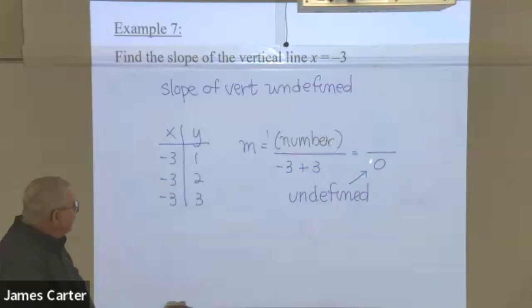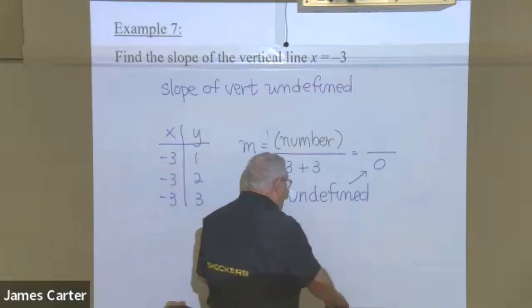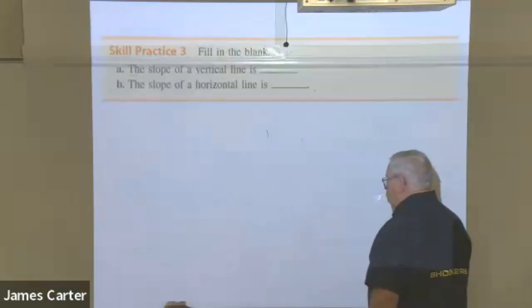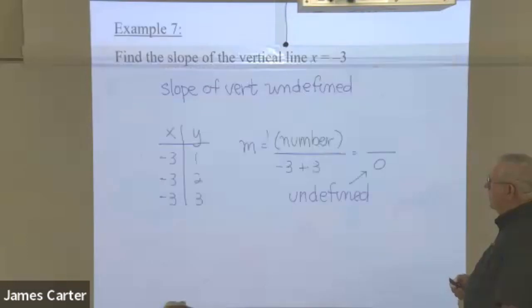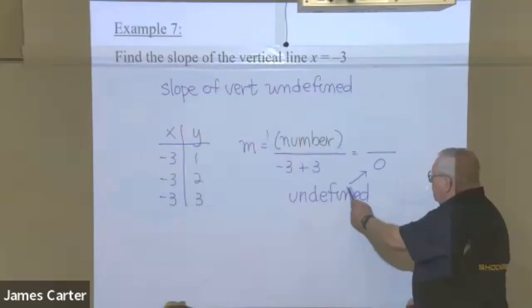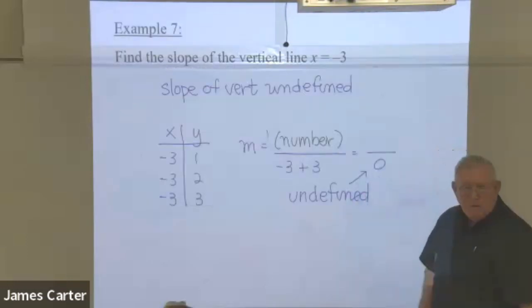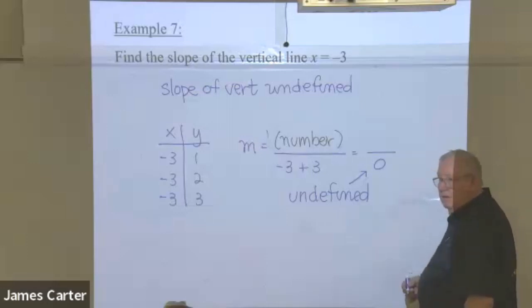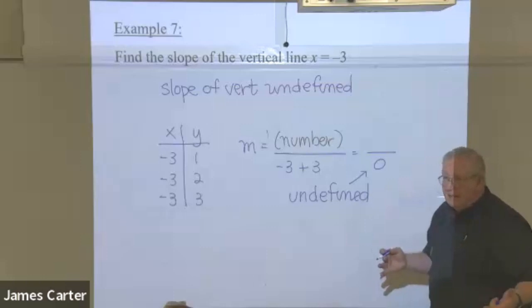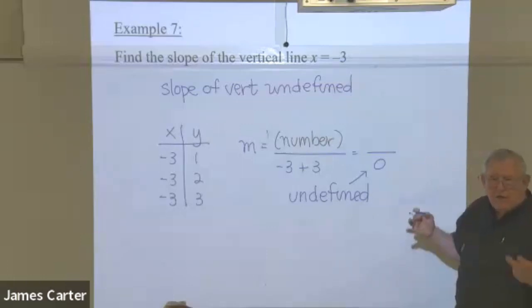And anytime you have a 0 there, it's undefined. Because you can't divide anything by 0. That's true. But what does that mean? What does it really mean?